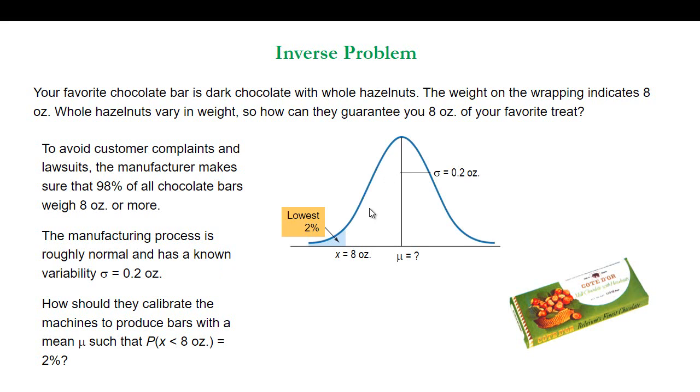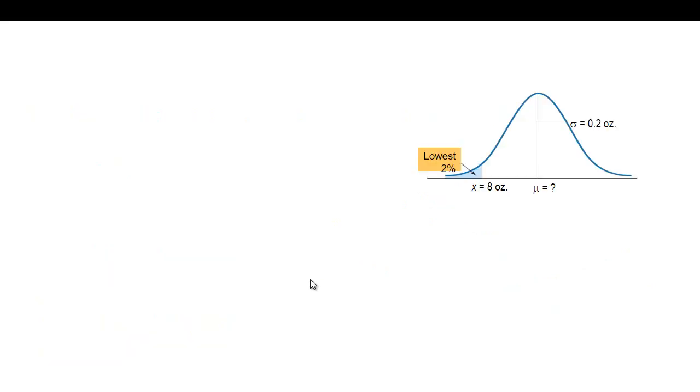So here's the problem. The weight is normally distributed where the standard deviation is 0.2 ounce, and we only want 2% of the bars to weigh less than 8 ounces. That means the area to the left of 8 ounces should be 2%.